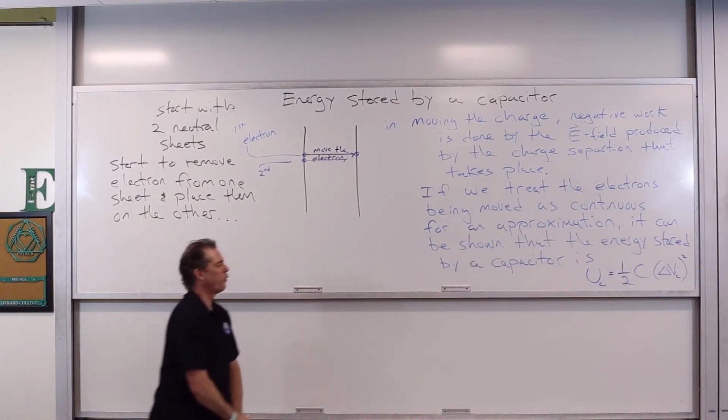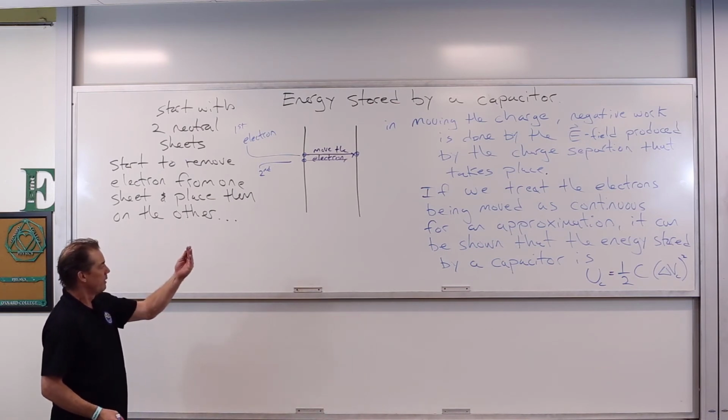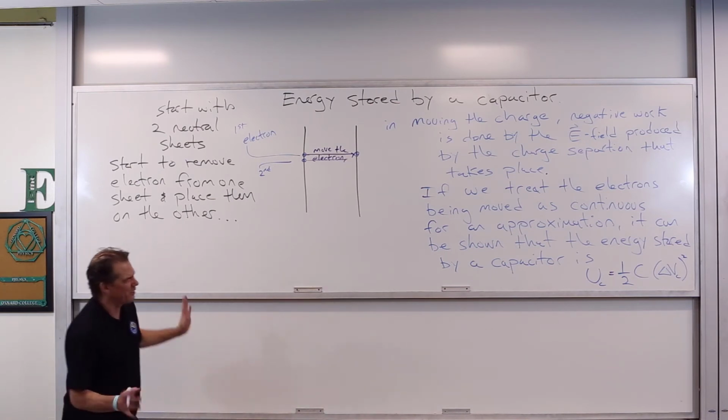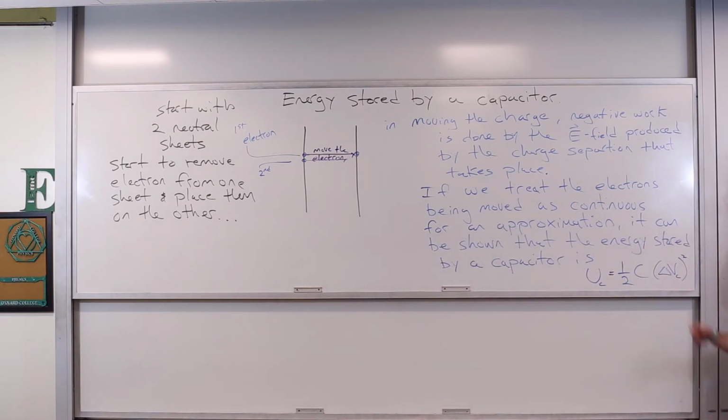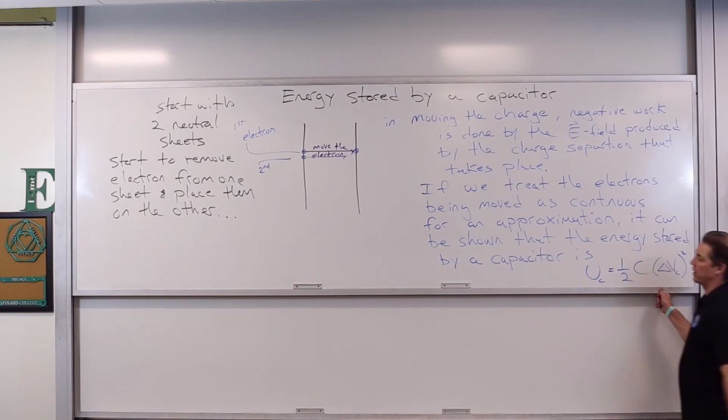Kind of looks like the formula for a kinetic energy. Kind of. And some people have made correlations with, hey, that's like the counterpart to mass, and this is like the counterpart to velocity. We're not talking about mass and velocity there. Capacitance, potential difference across the capacitor.